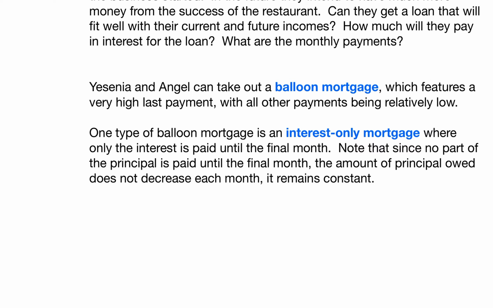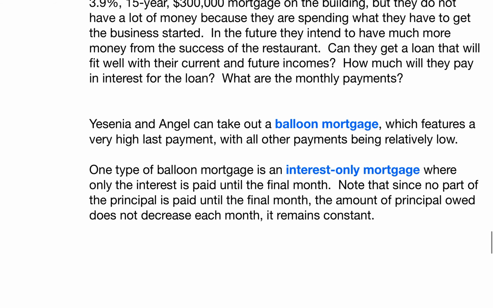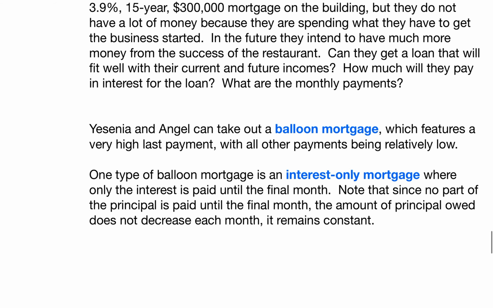One thing to note is that since no part of the principal is paid until the final month in this scenario, the amount of principal owed does not decrease each month. It remains constant. So this is why I said that if they borrow $300,000, then the last payment in this example would be $300,000.